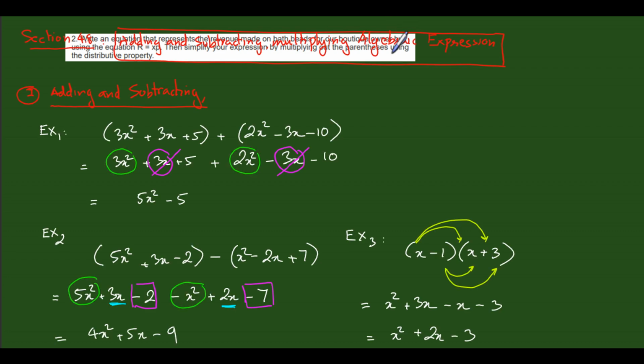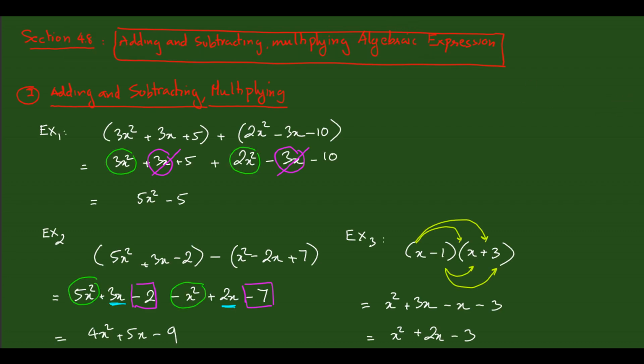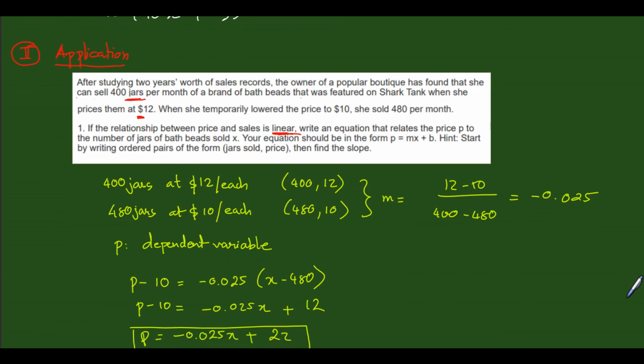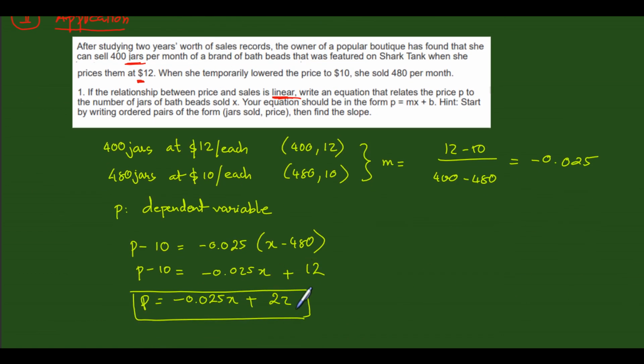The price equation we already calculated. The price equation is negative 0.025x plus 22, right? Remember last time we got it right here. Okay, so that's the price equation.